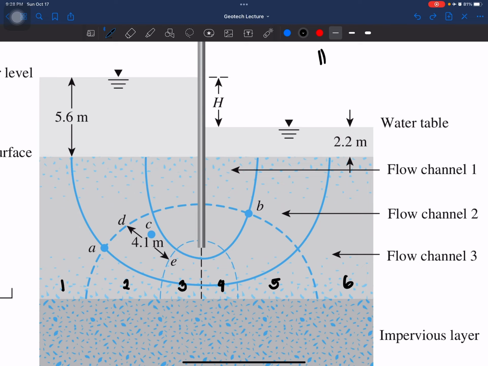For example, in here, let's say 5.6 minus 2.2. That is already your head loss.